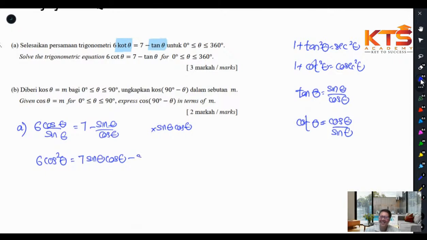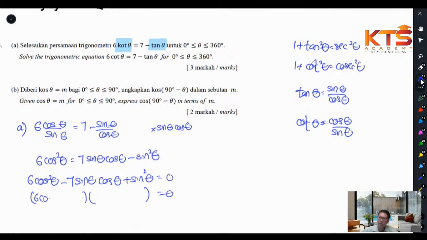So 6 cos squared theta minus 7 sine theta cos theta plus sine squared theta equals 0. So factorize it. Should I use 6 cos theta minus sine theta, and then cos theta minus sine theta?